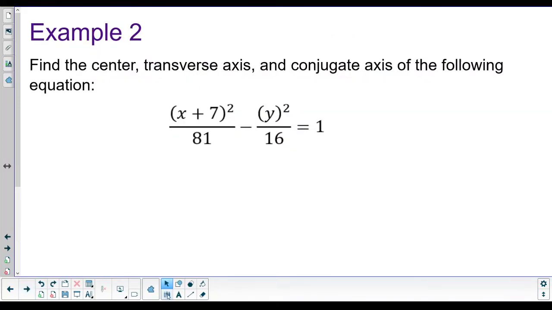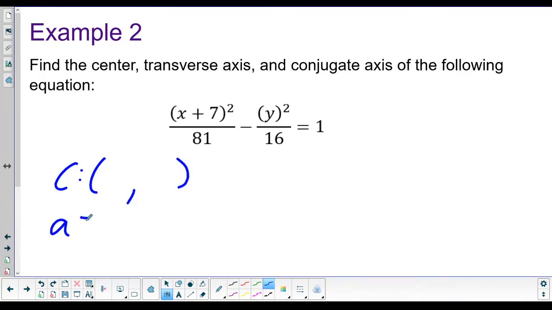Let's do one more easy example before I scare the bejeebas out of you. All right, center is at HK. A equals, B equals. All right, the positive term here is X. The negative term is Y. So this is A squared. This is B squared. All right, H is -7.